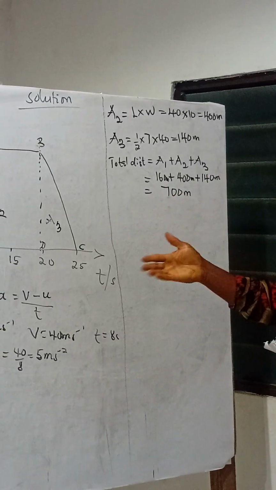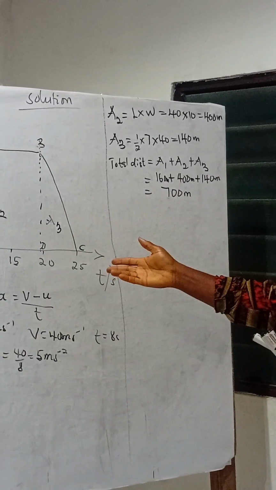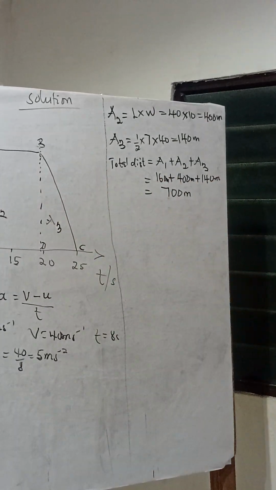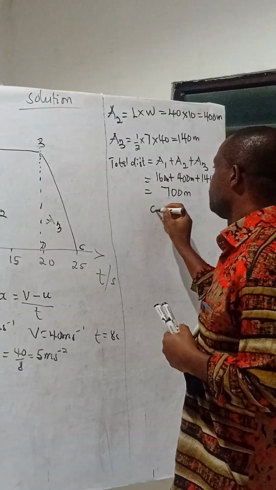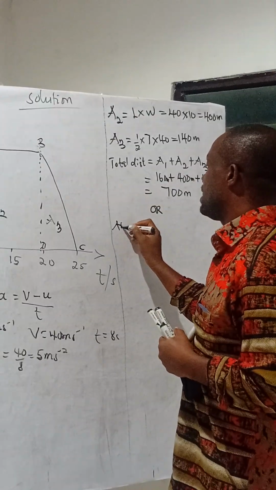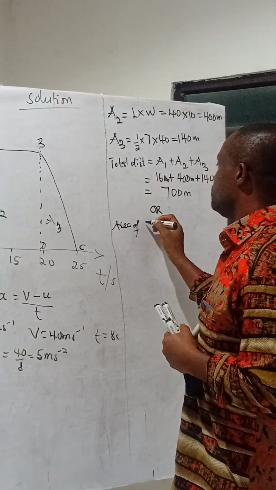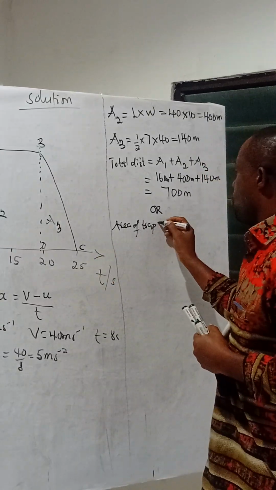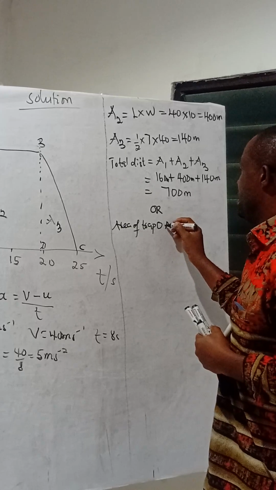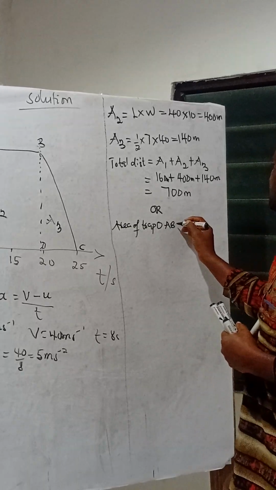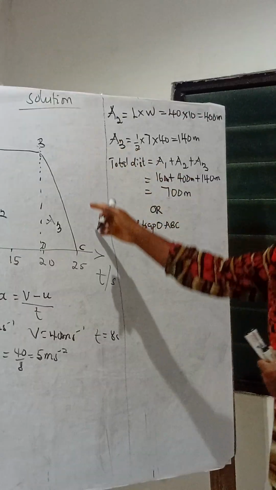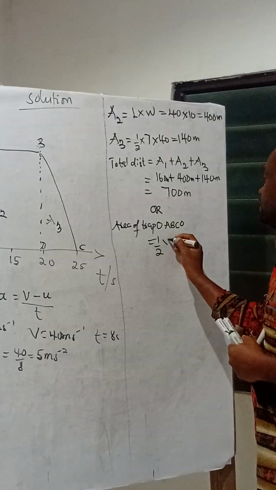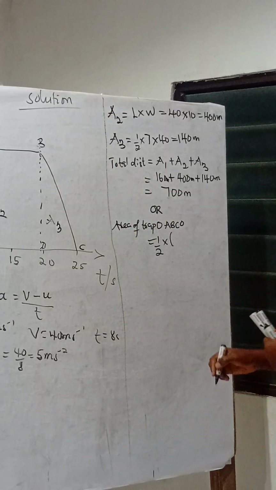We can find it by another method. This is a trapezium. We know the area of trapezium OABC is given by half times the sum of the parallel sides.